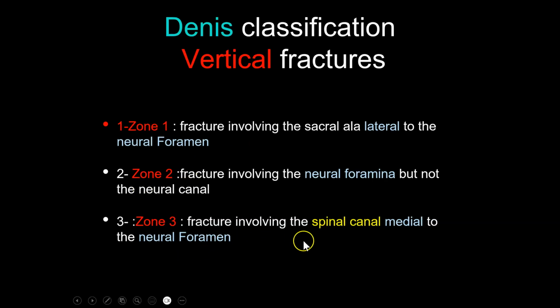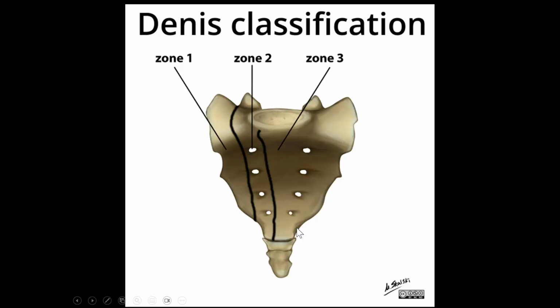Zone 3, fractures involving the spinal canal, medial to the neural foramina. So, starting from lateral to medial: lateral to the foramina, zone 1; involving the neural foramina, zone 2; medial to the foramina involving the canal is zone 3.